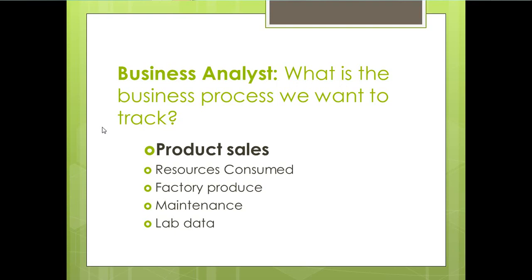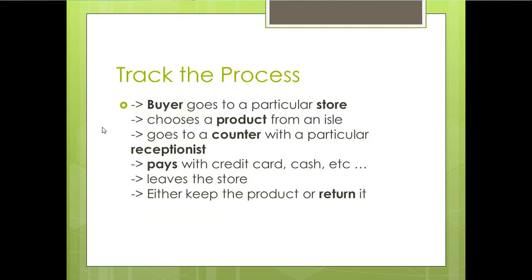So right now we're going to track product sales. I'm giving you an abstract. This is a business data mart made for a store. So basically, the business analyst would sit down with the customer and say this. Okay, so this is everything that goes into buying a product from your store. Firstly, we have a buyer that goes to a particular store.